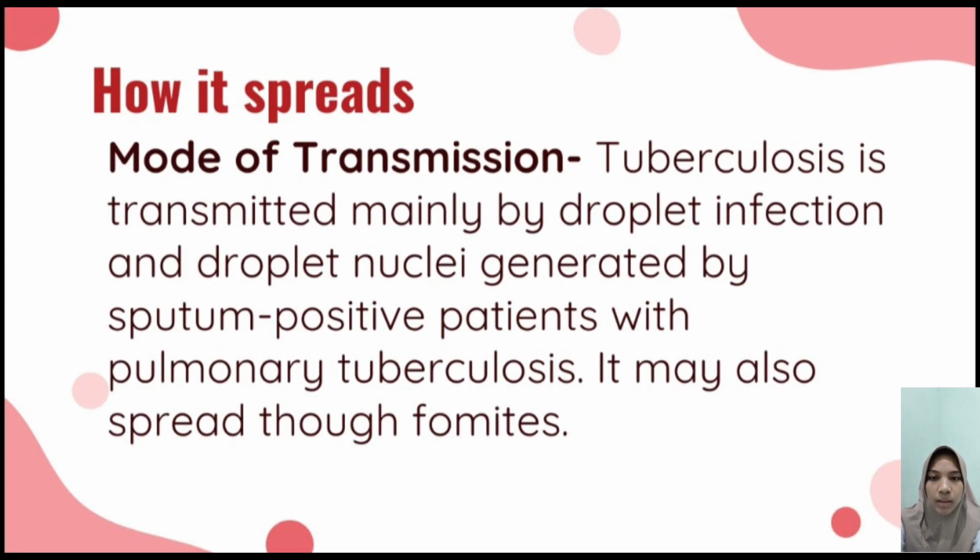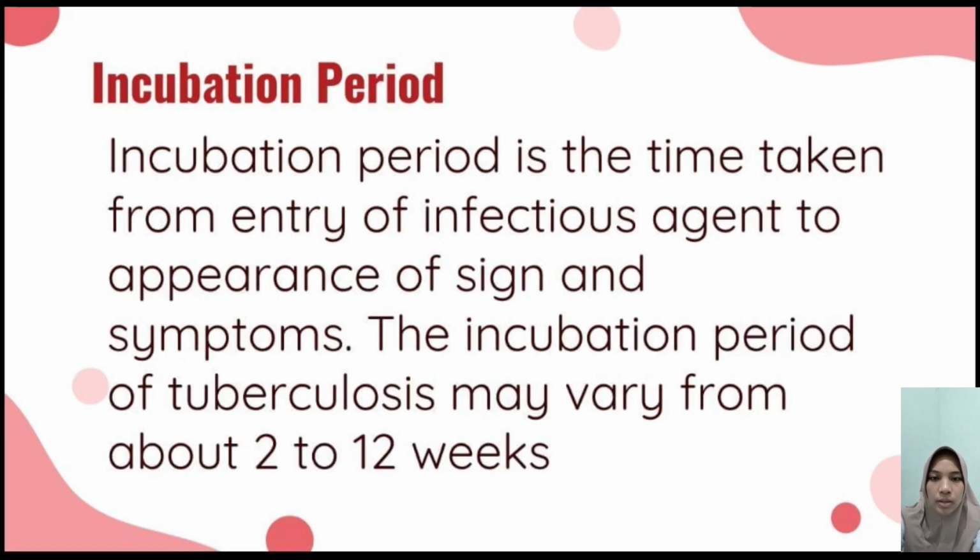How does it spread? Mode of transmission. Tuberculosis is transmitted mainly by droplet infection and droplet nuclei generated by sputum-positive patients with pulmonary tuberculosis. It may also spread through vomitus. Incubation period. The incubation period is the time taken from entry of the infectious agent to the appearance of signs and symptoms.